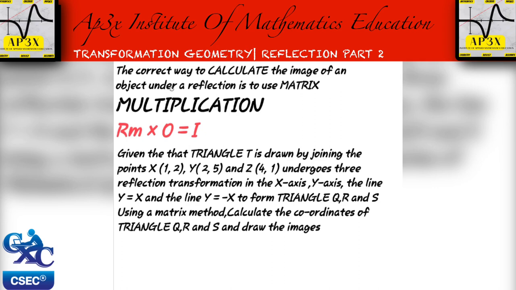The correct way to calculate the image of an object under a reflection is to use matrix multiplication: reflection matrix multiplied by object equals image. To demonstrate this, I have a question here on screen that I'm going to transfer to the graph, and then use the reflection matrix to do the calculation.